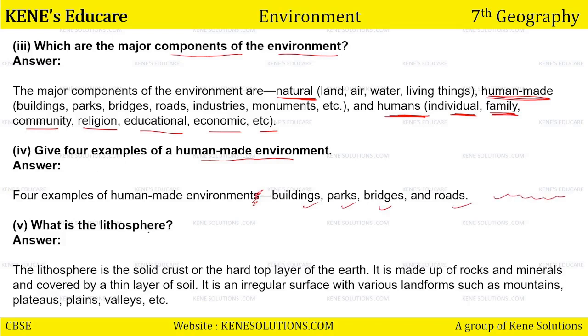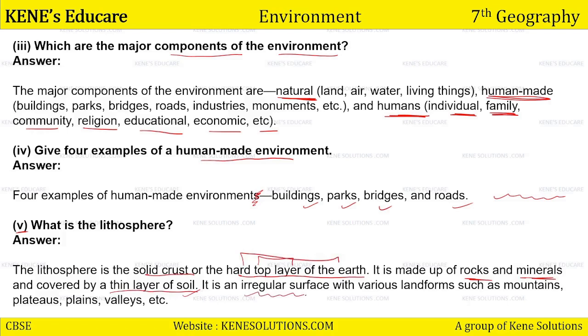What is the lithosphere? Part number 5. Lithosphere is the solid crust, the hard top layer of the earth. It is made up of rocks and minerals and covered by a thin layer of soil. Hard top layer of earth, having a thin layer of soil.